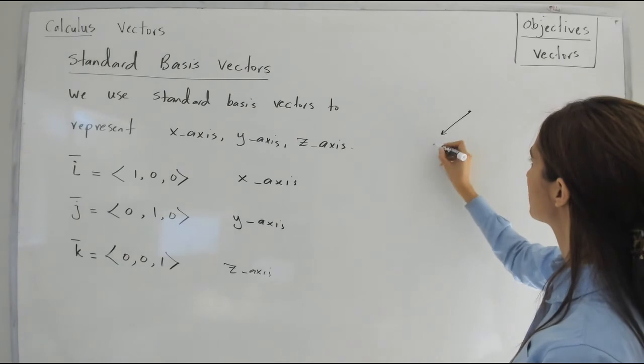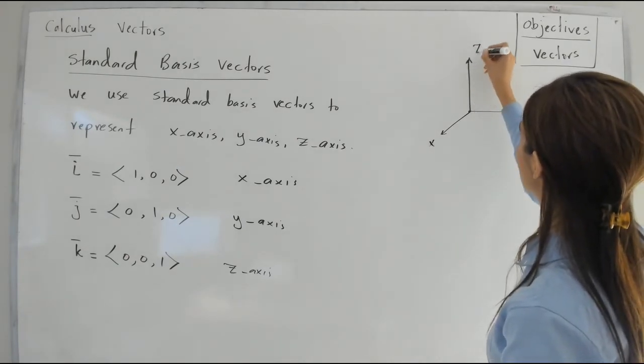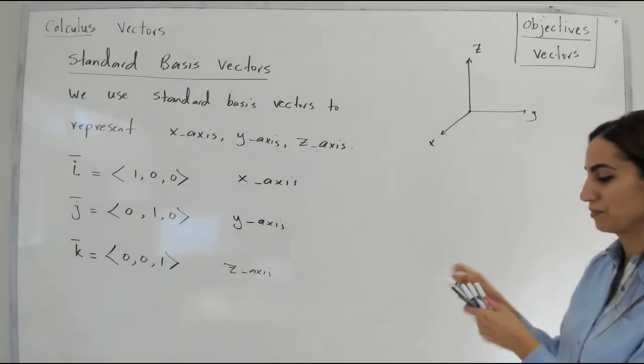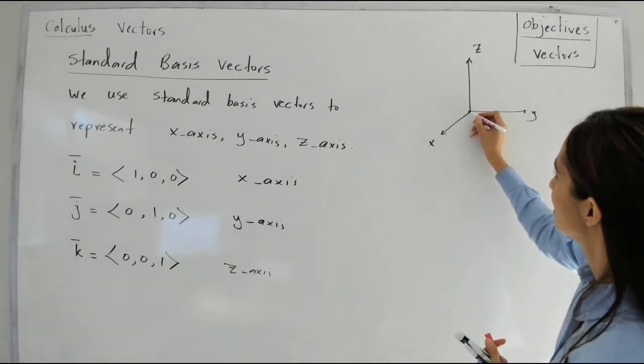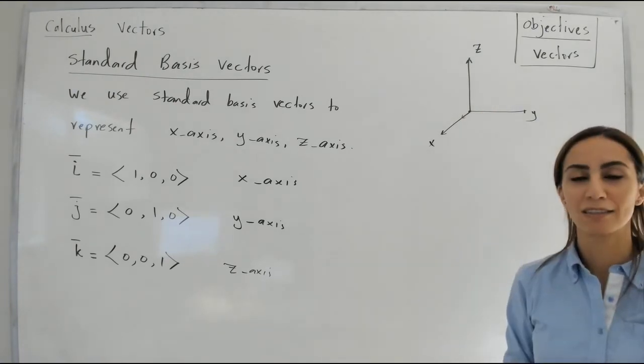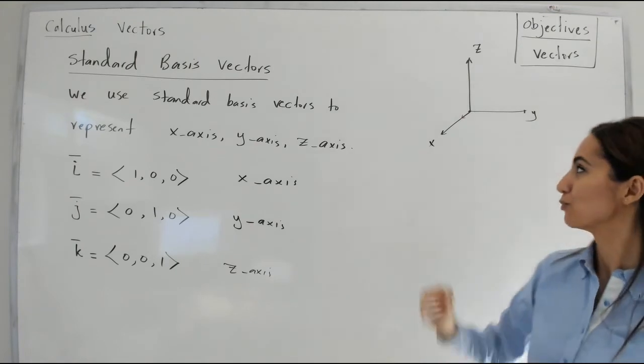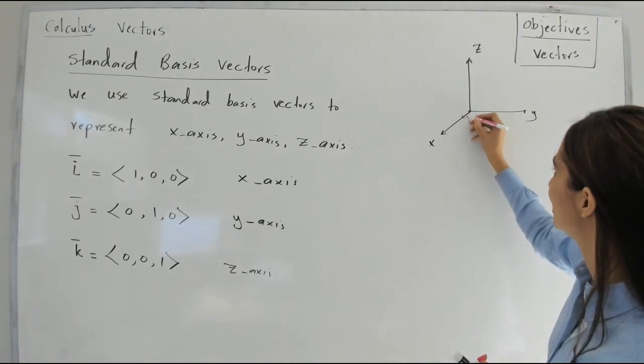When you have x, y, and z, on the x-axis, you can have this small vector with norm, magnitude, or length equal to 1, i.